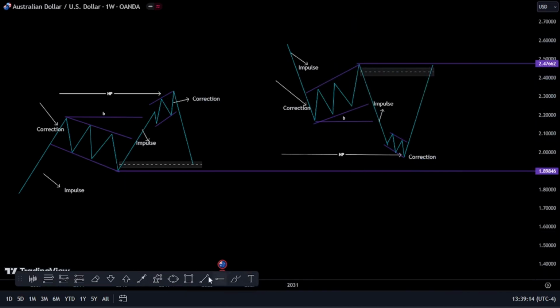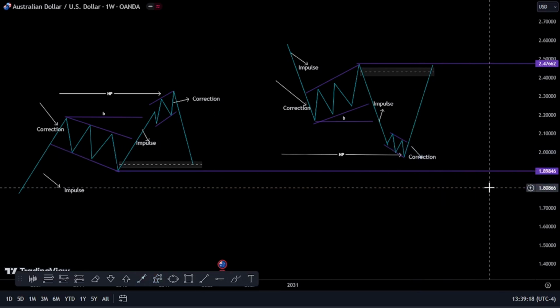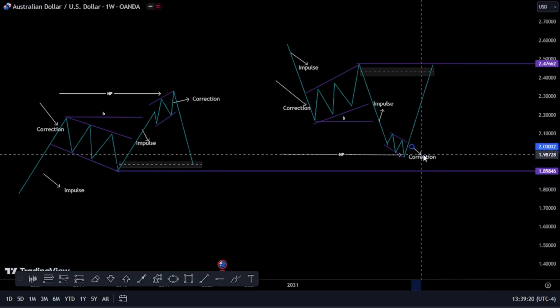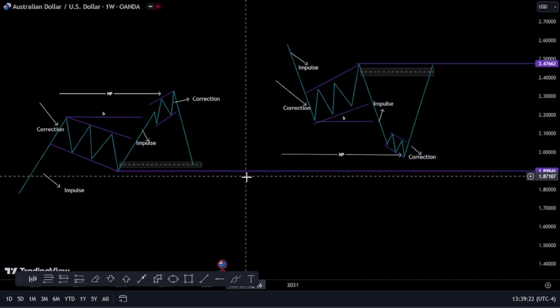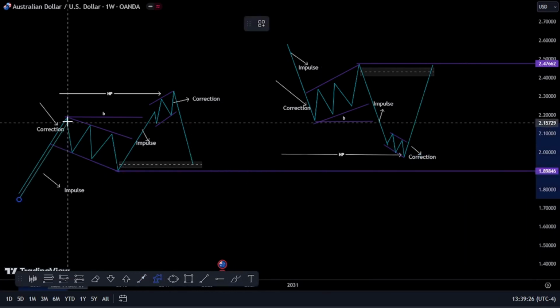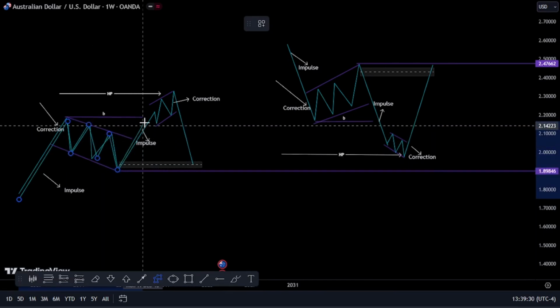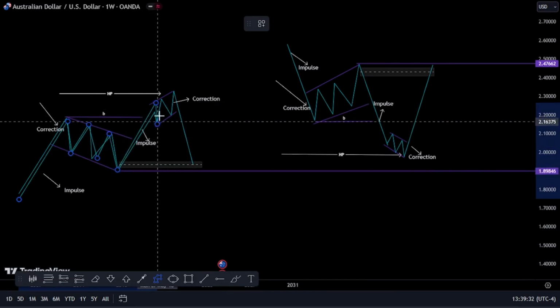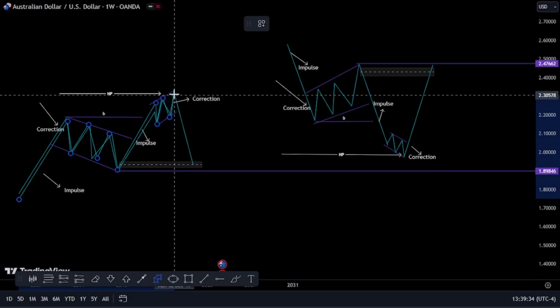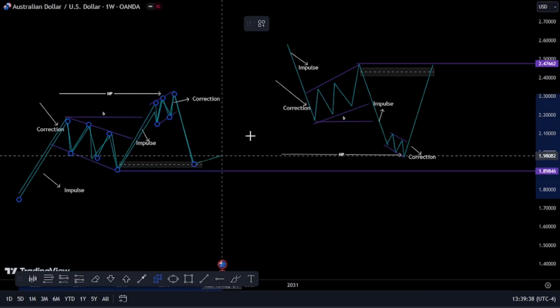This one is a correction, but it's a reversal structure. So basically what I'm saying is, the market impulsed up, came back for correction, and then impulsed up to give you a reversal pattern. When you see this pattern, you must know that the market is ready to come down.